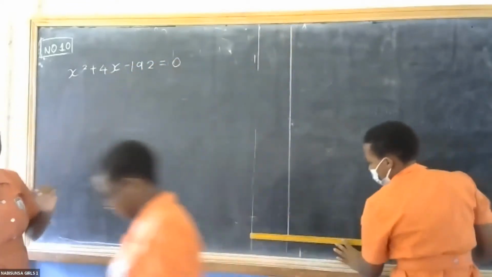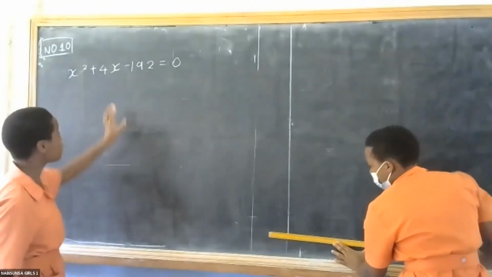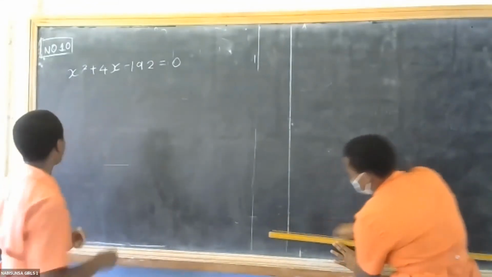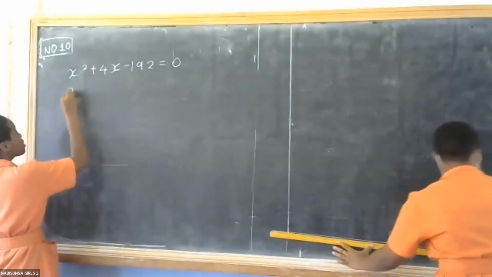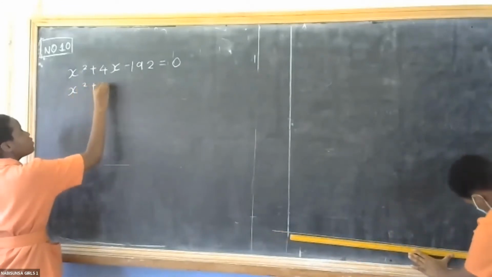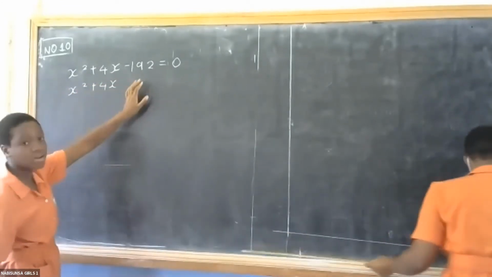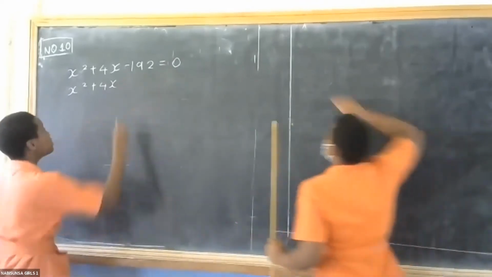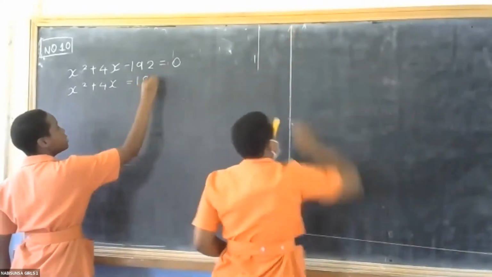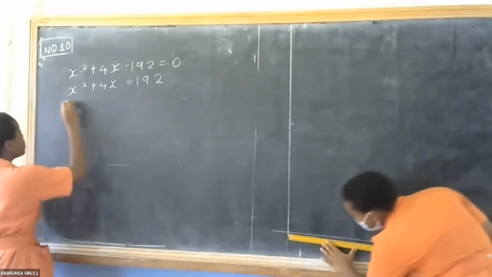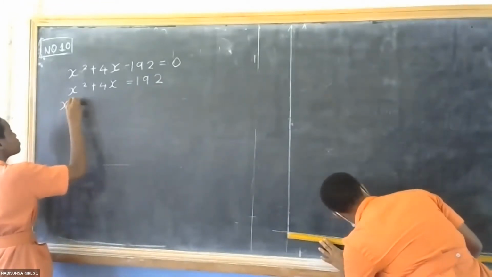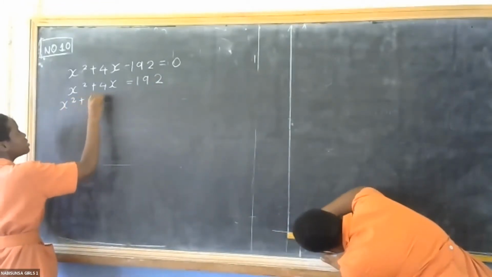So I'm going to solve this using completing the square. So that will be x squared plus 4x, I transfer this one back, it's equal to 192.